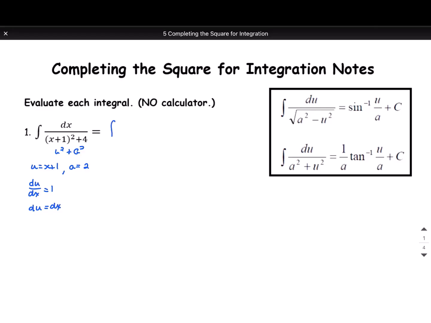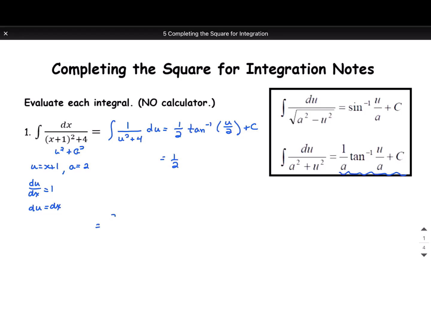So this becomes the integral of 1 over u squared plus 4, or you can put a squared there if you prefer, du equals 1/2 the tan inverse of u over 2 plus c, just taking it right out of the model that we had. Then all we have to do is replace the a with the 2.